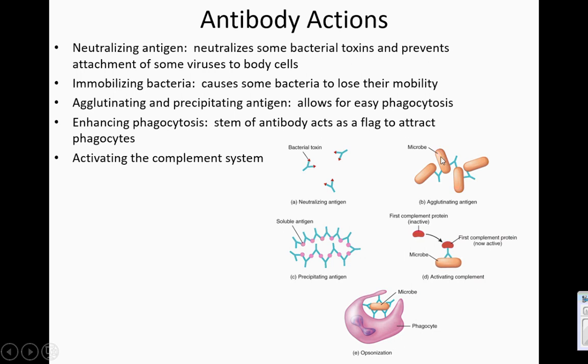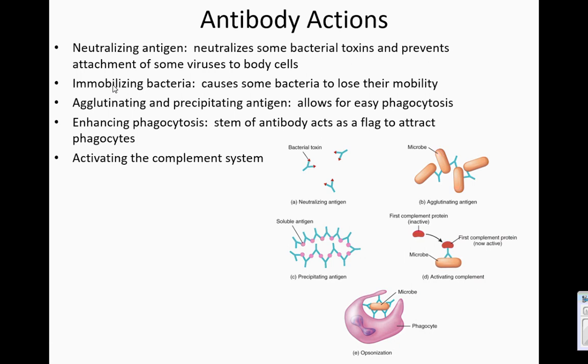Okay, they basically cause them to kind of be stuck together, which then allows for those Pac-Men to come around and phagocytize them. Okay. That also is illustrated here with their ability to immobilize them, meaning that they can't move, which makes them easier to be eaten.